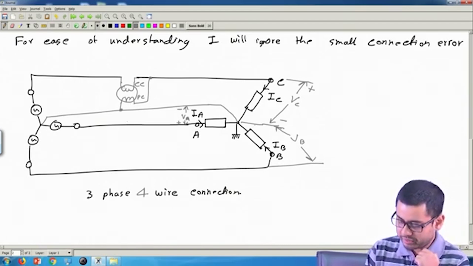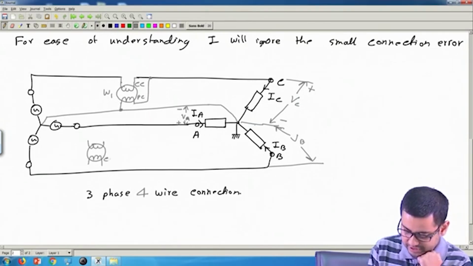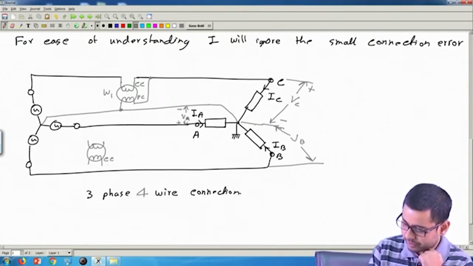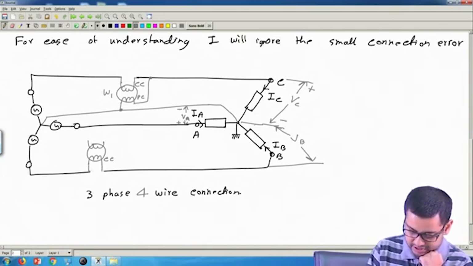So this is 1 wattmeter which will measure the power consumed by this. Call it W1. Similarly, I can have another wattmeter, say W2. It will have 2 coils once again. Let this be the current coil, and I want to measure the power consumed by this. So what I do, I open it, connect it here like this, and this is the pressure coil.